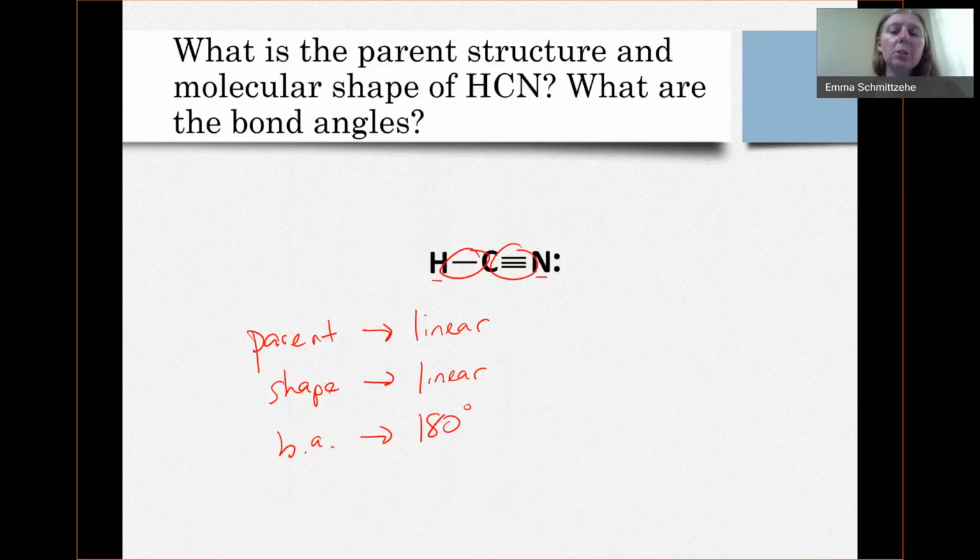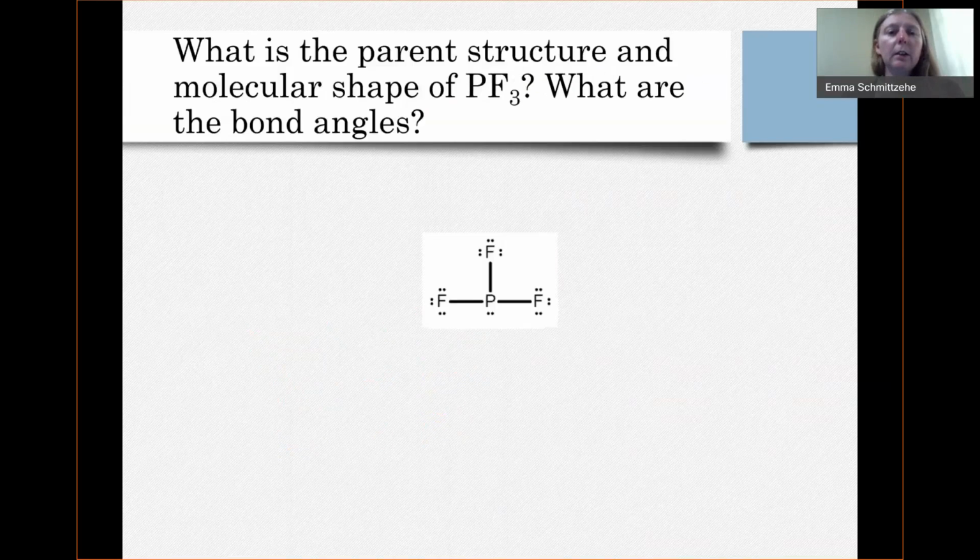Okay, now let's do another one. Here we've got PF3, and again I've got the Lewis structure. We want the parent structure first, and the parent is based on how many electron domains we have. I've got a single bond, another single bond, another one, and then a lone pair on the phosphorus.